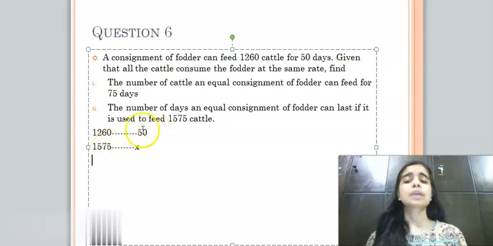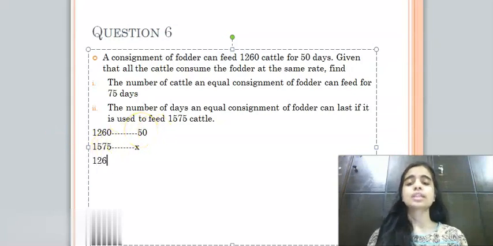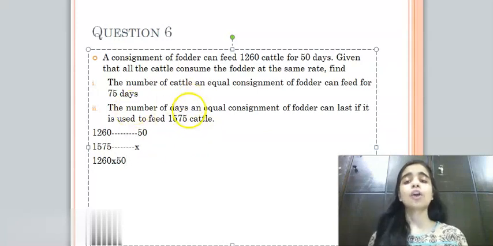And then we will straight multiply. So 1260 multiplied by 50 divided by 1575, that is 40. So that means this can go on for 40 days. So the answer for this one is 40 days.